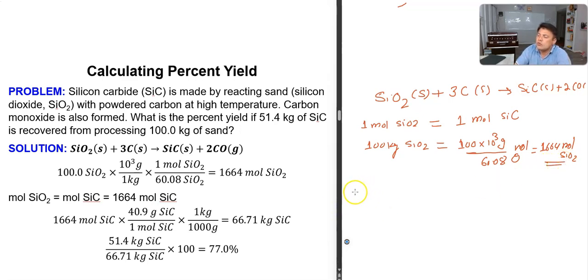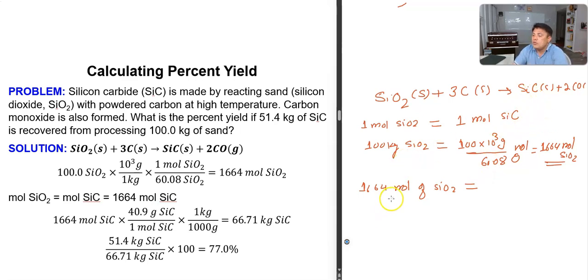This much SiO2 you use, but you recovered how much only? 51 kg. So let's leave that kg, because you convert the mole and mole into the kg. That's why this is not mole. So let's see that 1664 mole of SiO2 should be equal to this, right?